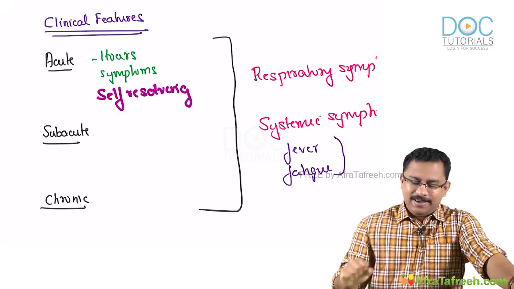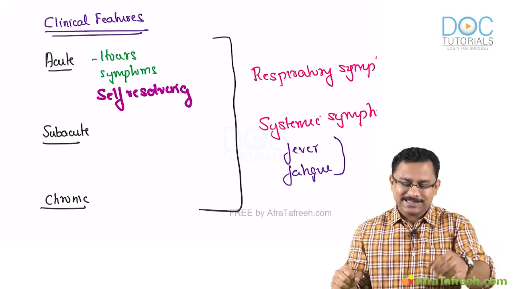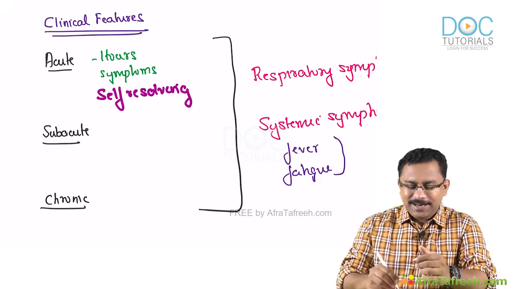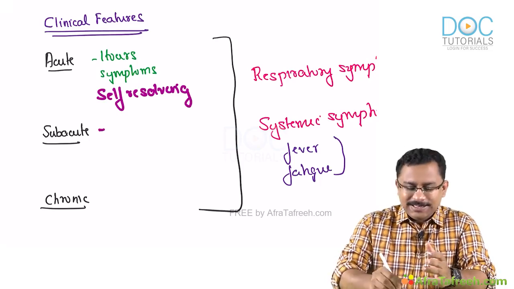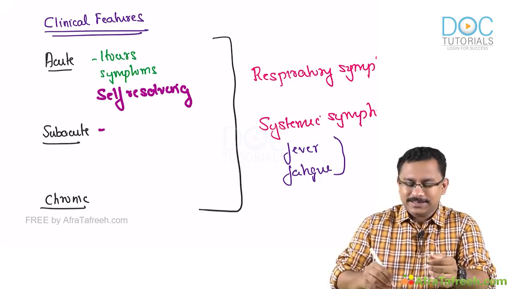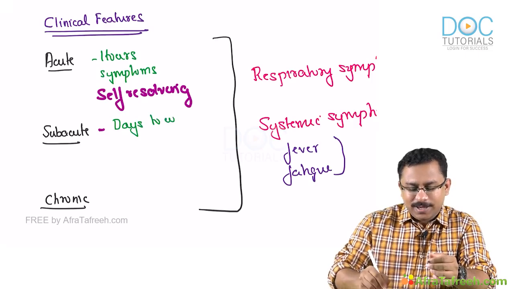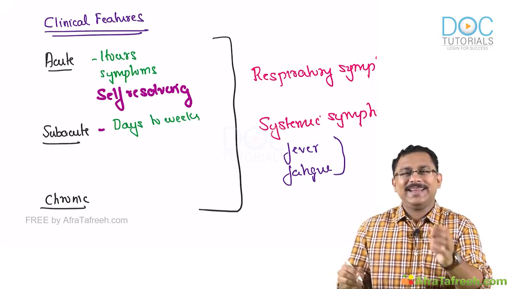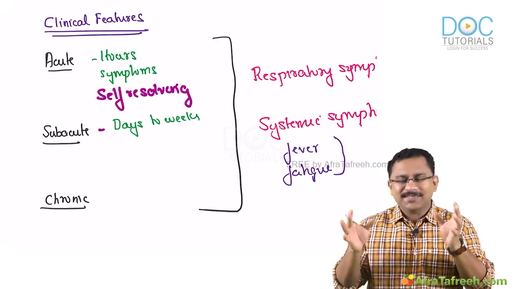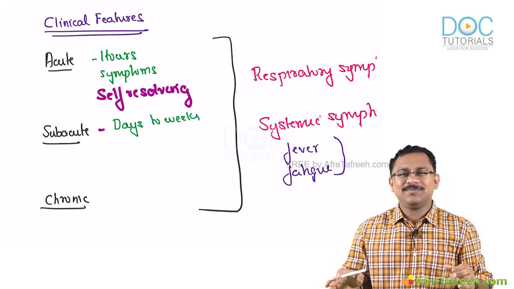Whereas when it comes to subacute onset illness, the patient can have symptoms where the onset and the progression can range from days to weeks. The patient would have the same symptoms, like your respiratory symptoms and the systemic symptoms.